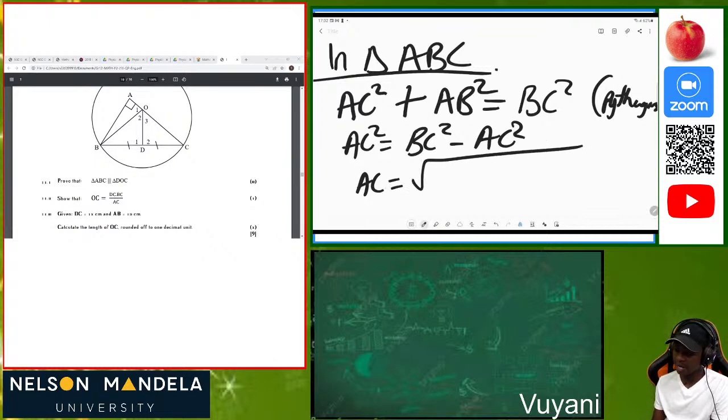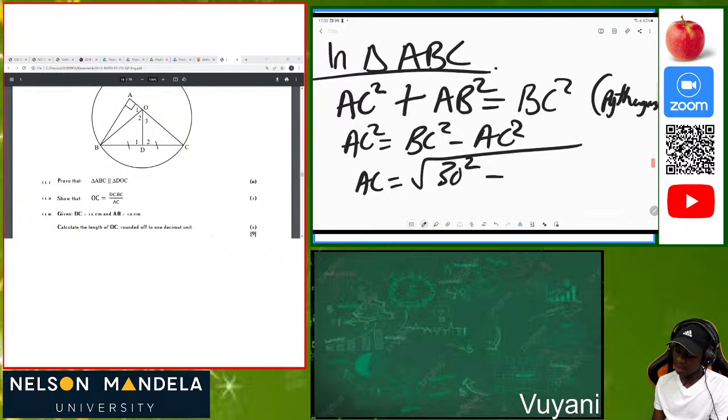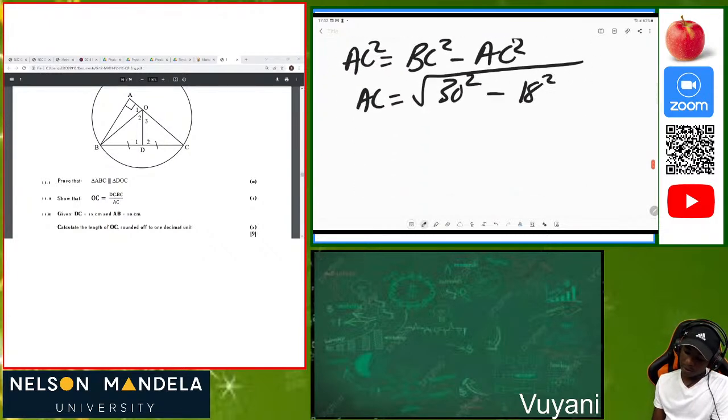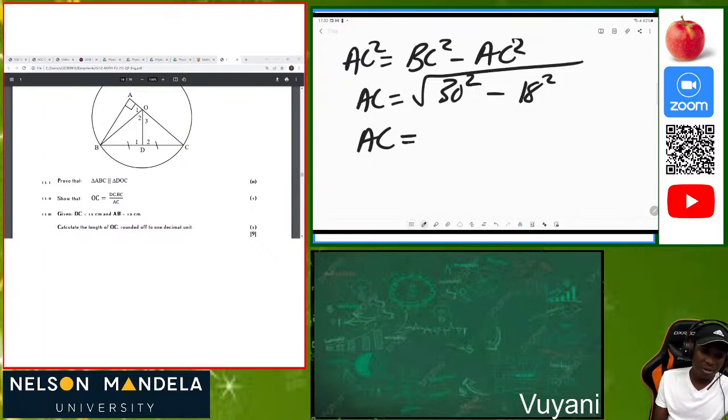What is our BC, guys? Our BC is 30 squared minus our AB squared. What is our AB? Our AB is 18 squared. So therefore AC will be equal to, now we use our calculator. When you use your calculator, what do you get?